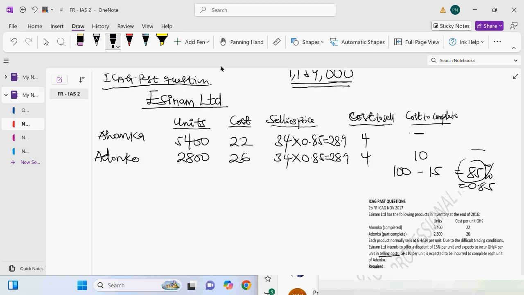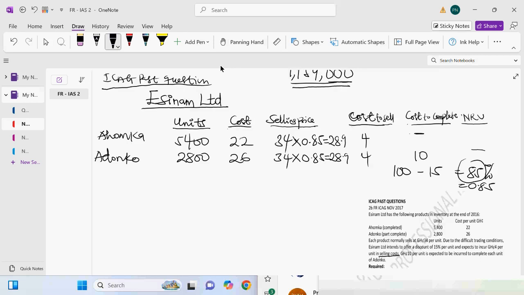So now with this, what then is our net realizable value? Selling price minus cost to sell and then cost to complete.